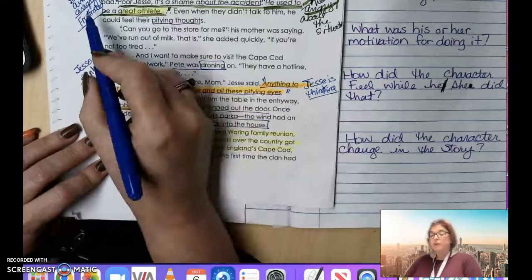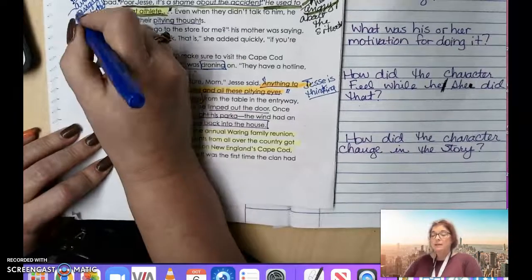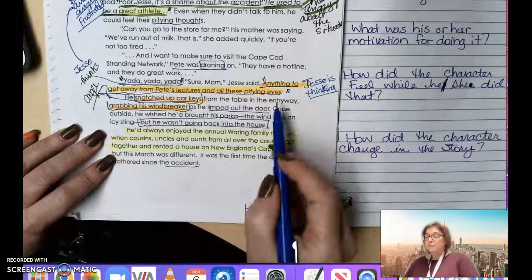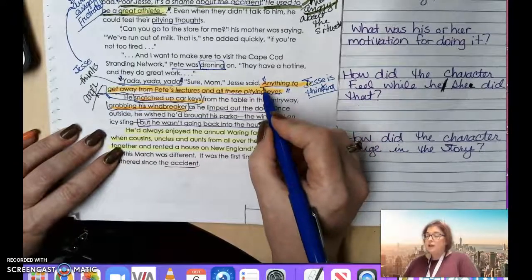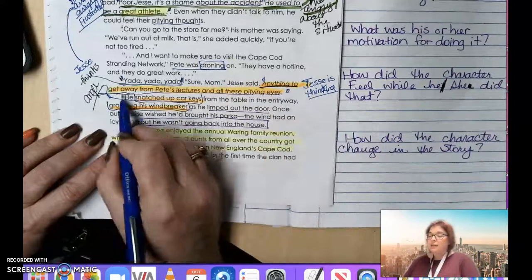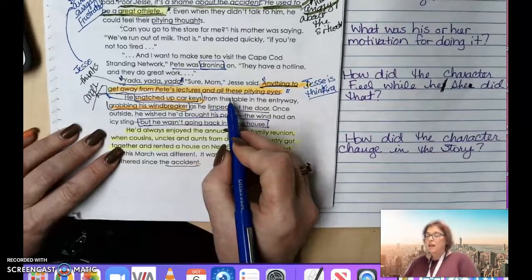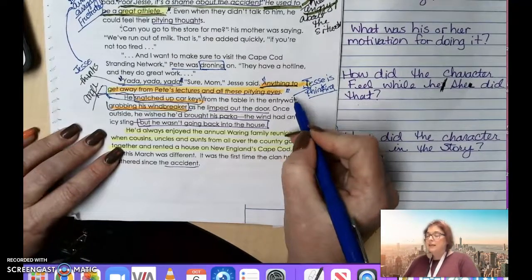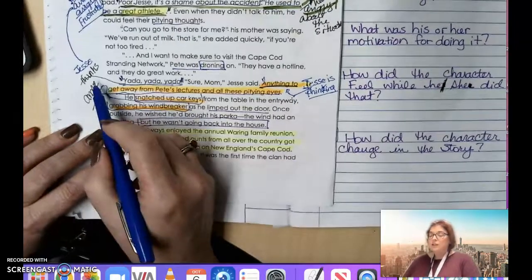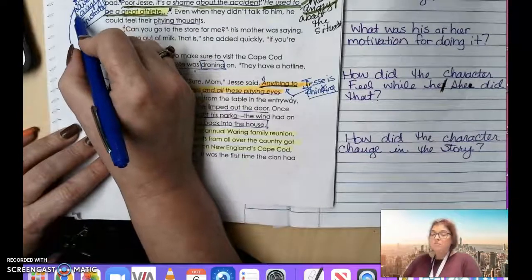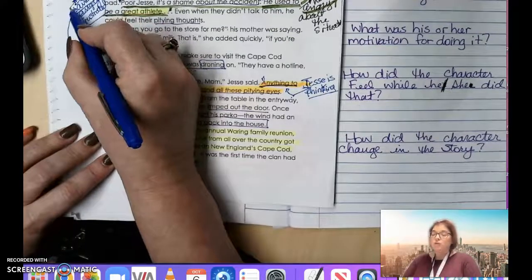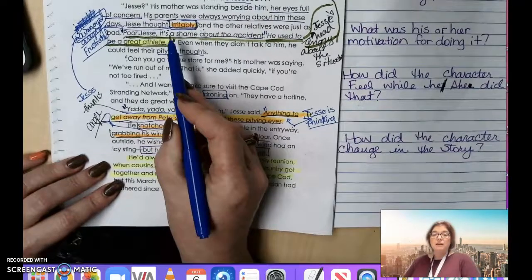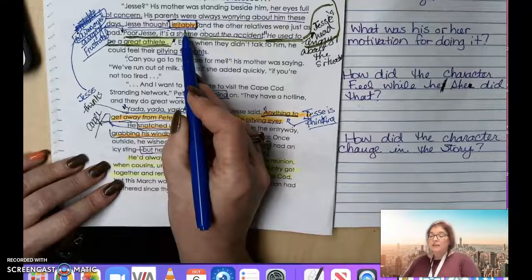This further proves that he is annoyed with Pete. And then here's another thing he's thinking. Anything to get away from Pete's lectures and all these pitying eyes. This is what Jesse is thinking. So this is more evidence that shows me, first, the author tells me that Jesse is irritated.